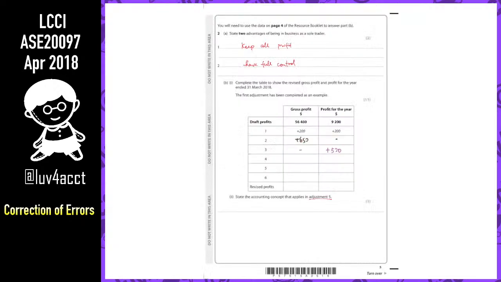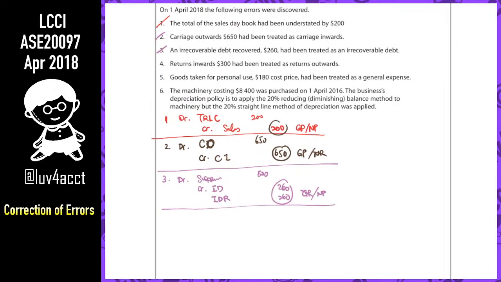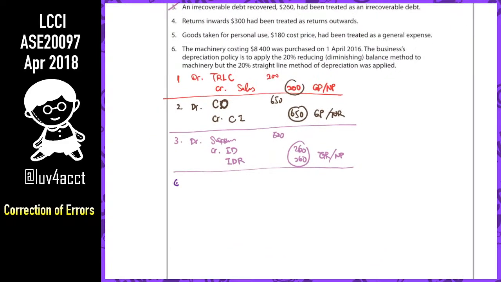Next one, item 4. Returns in 300 had been treated as returns out. Returns in is correct, but it was treated as returns out. So let us put back returns in.